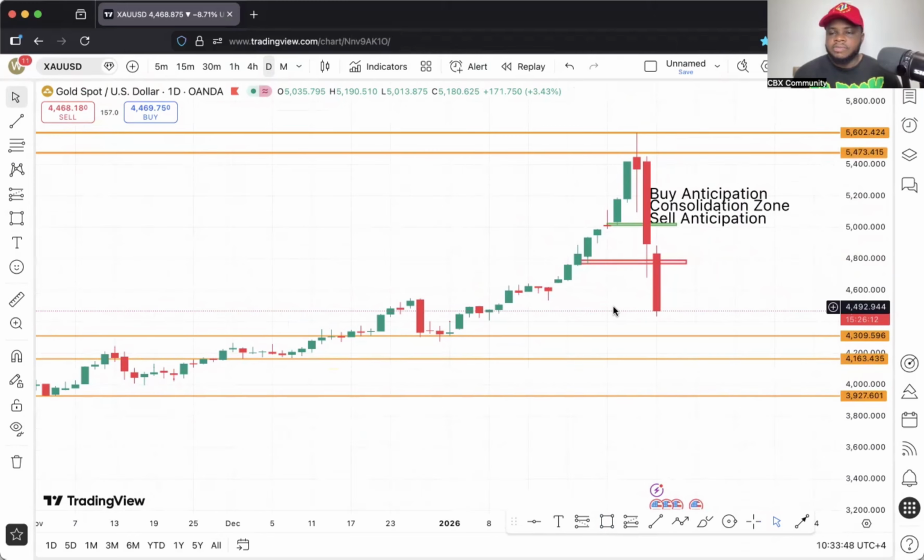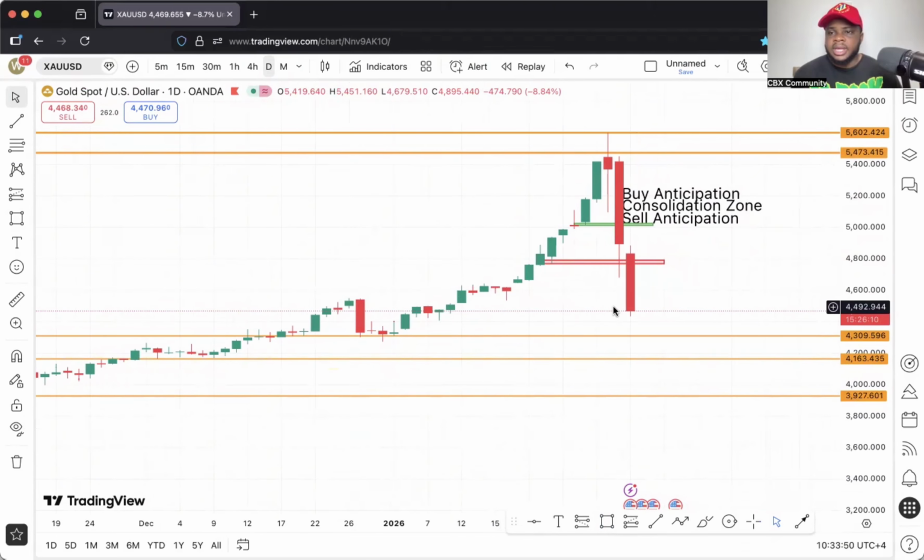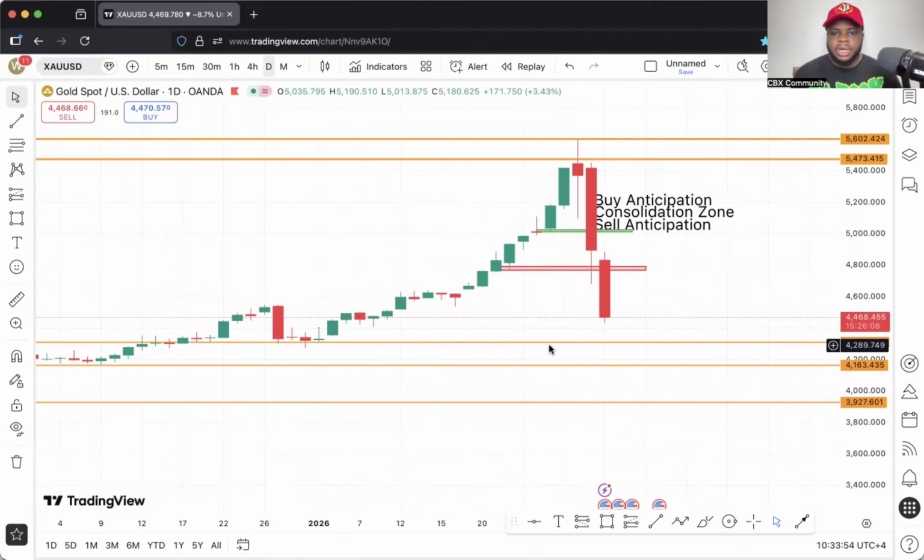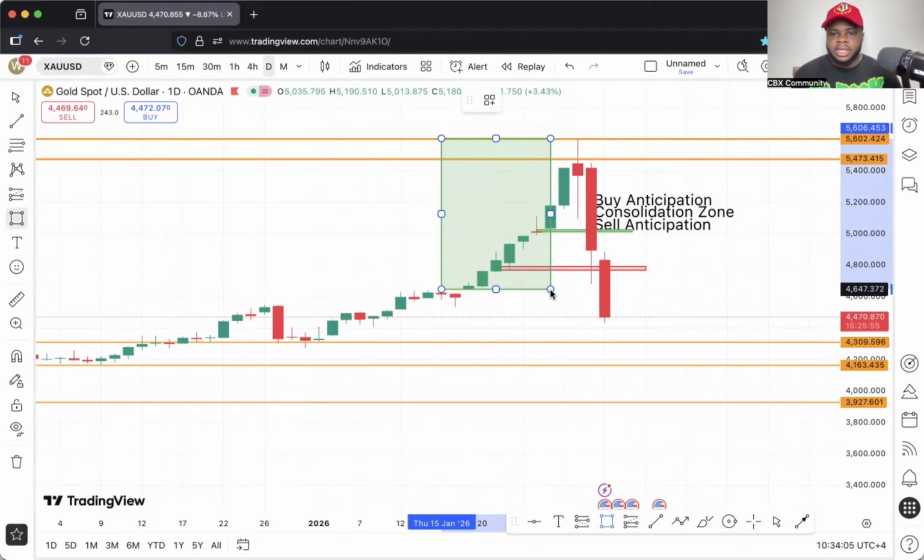Looking at the condition of the daily market structure, we are in a consolidation zone because we have the low of the recent candle and we have the high of the recent candle. So we are still in this consolidation zone from the high of this candle over here down to the low of this candle over here.